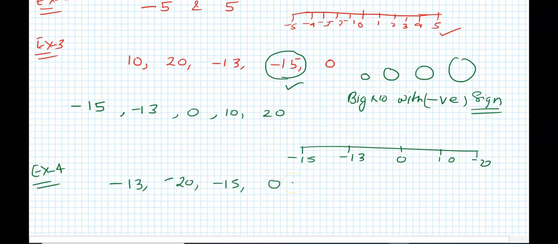Which number comes first? The rule is, you need to see the big number with a negative sign first. The big number with a negative sign is 20, so let's take minus 20 first. This is done. Now between minus 13 and minus 15, 15 is big with a negative sign, so the next number is minus 15. The next number is minus 13. And the last number is 0.